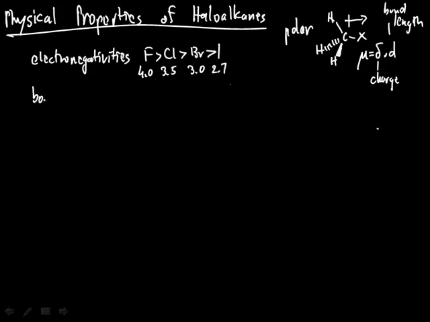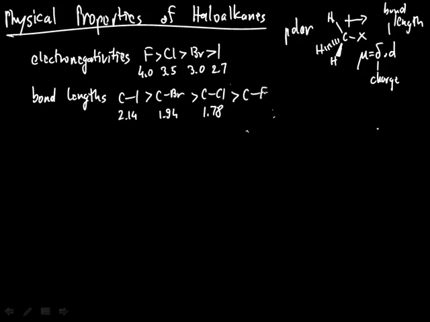However, the bond lengths increase in the opposite order. So the C-I bond is the longest with 2.14 angstroms, and you go to C-Br, which is just under 2. Then the C-Cl bond is 1.78 angstroms, and then finally the carbon-fluorine bond is relatively short, 1.38 angstroms.